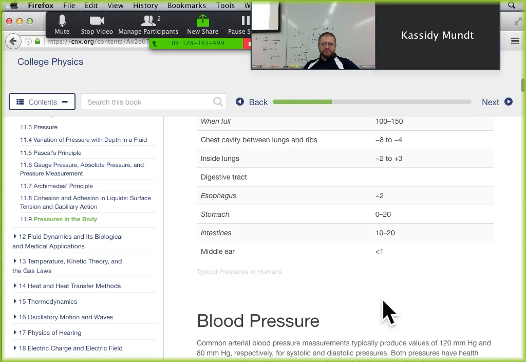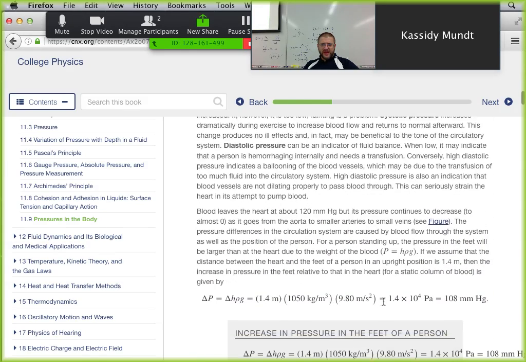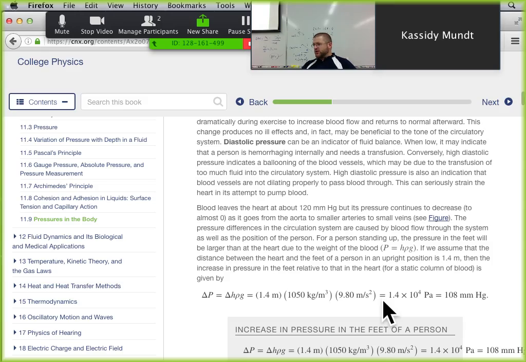And that blood pressure is what is holding your veins open, actually, and holding your arteries open. Your arteries would collapse without that pressure, without that force of the blood in them. And so you have to have it in there.